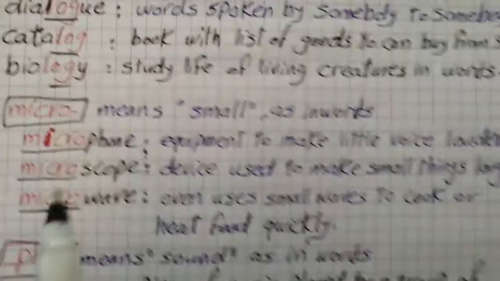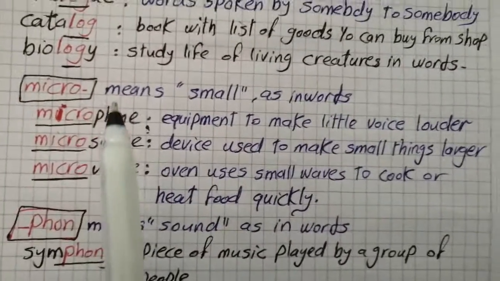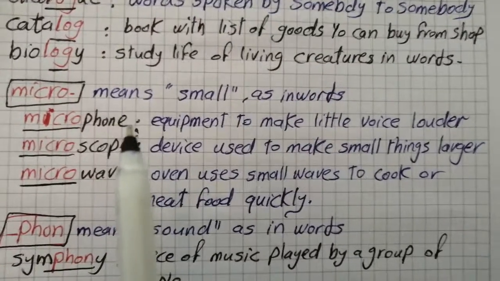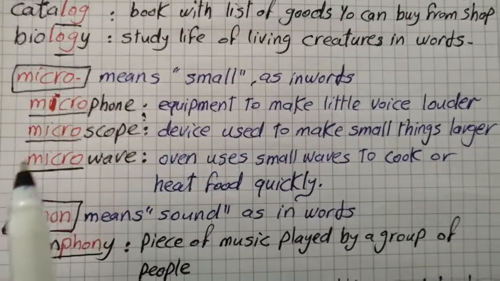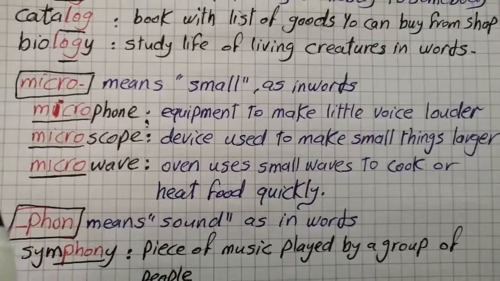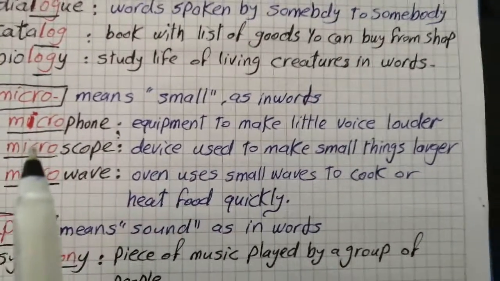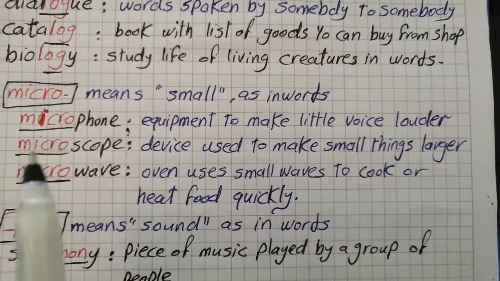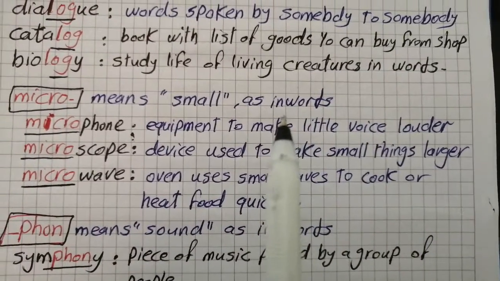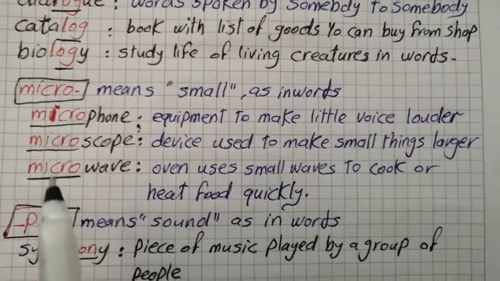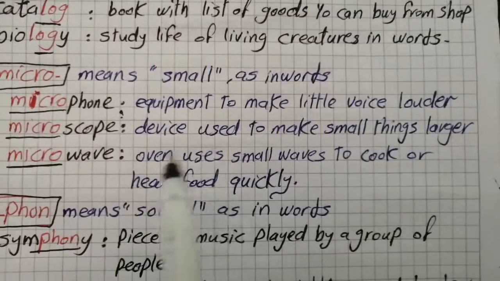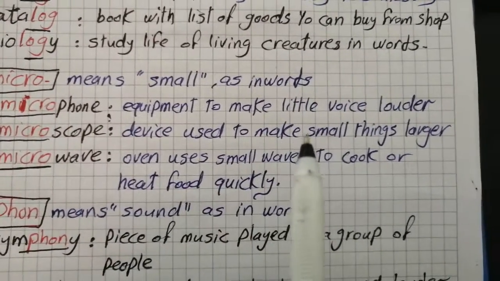Biology. The Greek root micro. Micro means very small or tiny, as in the words microphone, microscope, and microwave. Microphone is equipment to make a little voice louder. Microscope is a device used to make small things larger.